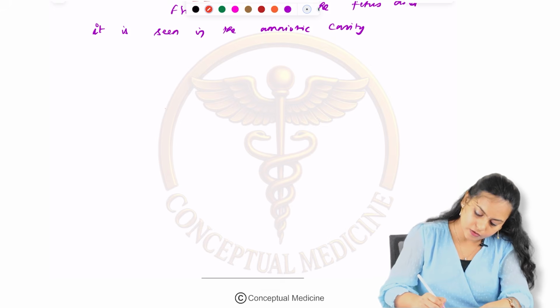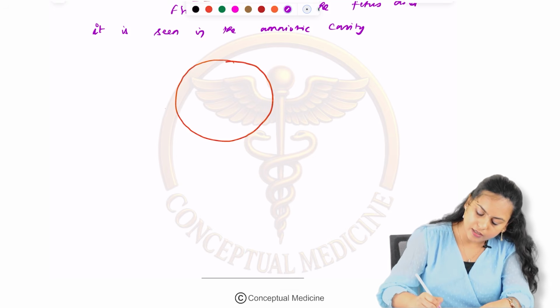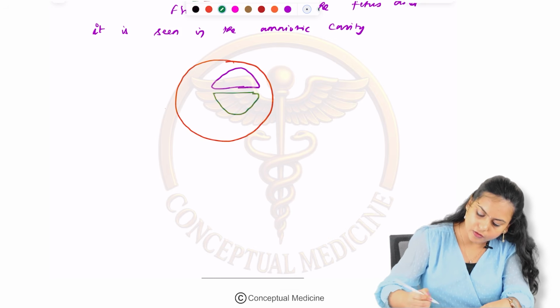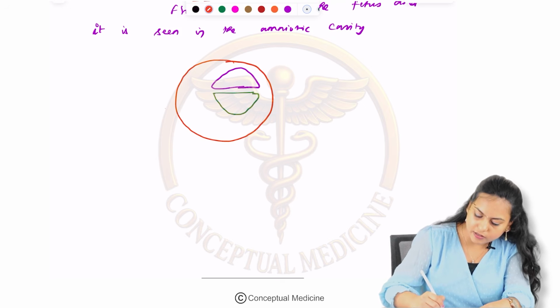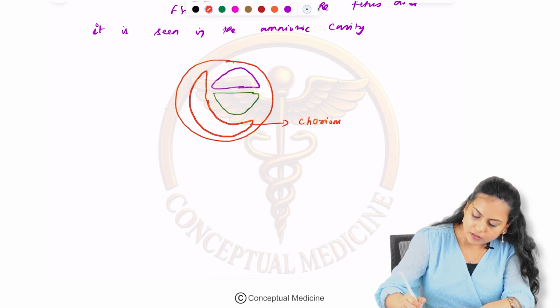Right? So, early in pregnancy, we have two cavities, namely the amniotic cavity, this is the yolk sac, and another cavity, the extrachorionic cavity or the extracoelomic cavity.